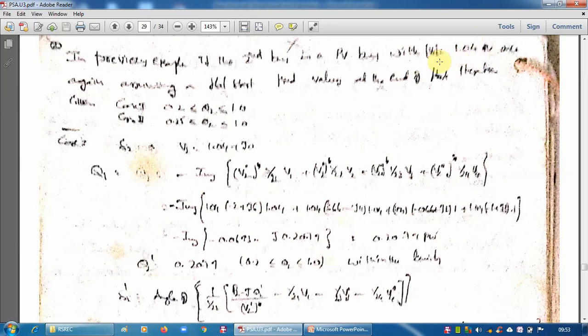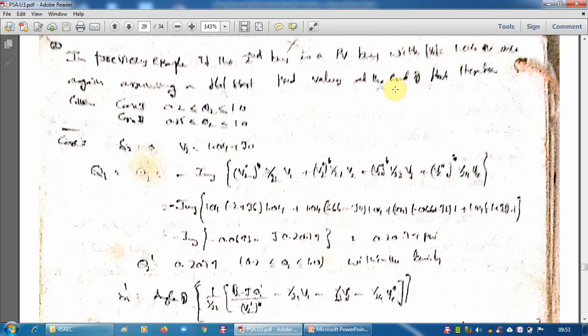So take this as V2, second bus voltage equal to 1.04. Second bus PV bus means P and V should be given. P is already given in the table. Now instead of Q, V is given, and that is equal to 1.04.